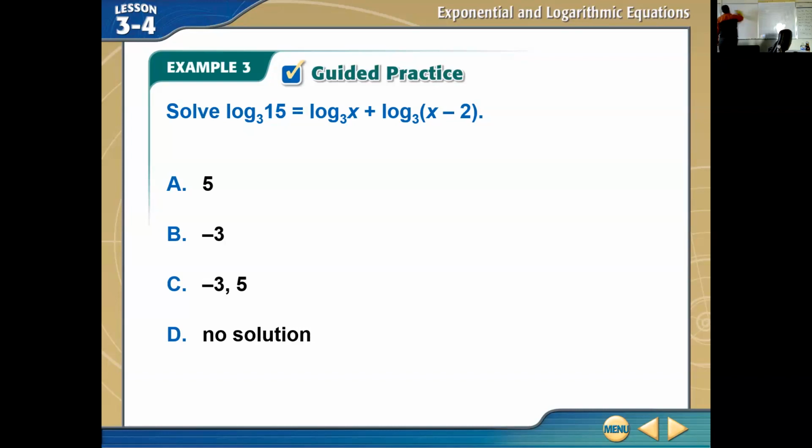So I'm going to use the product property of logarithms, and then my 1-to-1 property can kick in. So log base 3 of 15 is equal to log base 3 of x plus log base 3 of x minus 2.